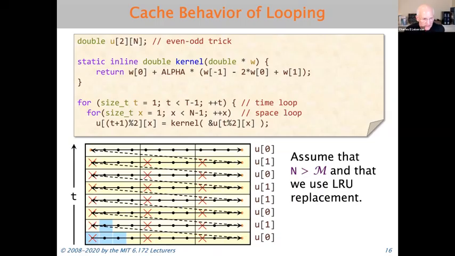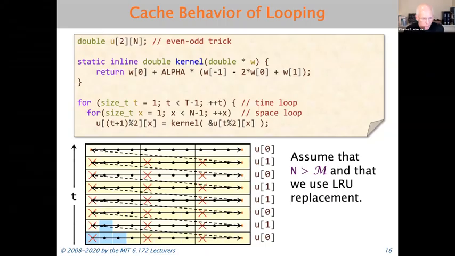Okay, so the points from the right end of the row. In fact, all the points at the left end of the row have been kicked out at that point, because with LRU, you're always replacing the one that was last used.